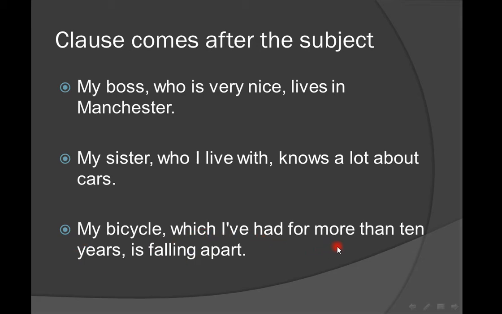Which I have had for more than 10 years. دراجتي التي هي لدي منذ 10 سنوات هي معلومة إضافية. أنا عرفت أن الدراجة تتهاوى أو تتقادم أو يعني نقدر نقول تصبح قديمة، لكن هذه معلومة إضافية. أوكي؟ unnecessary information أضفتها ربما لتجميل الكلام أو إلى آخره.